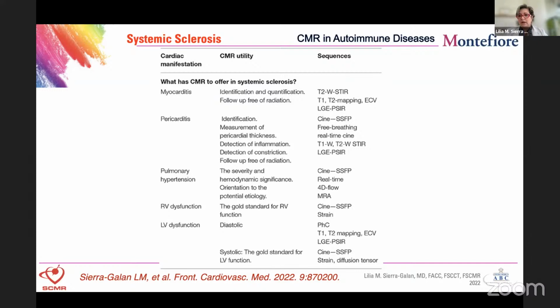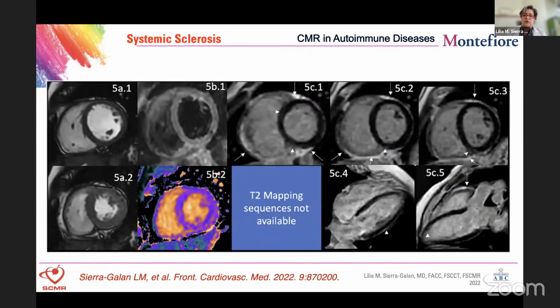Well, again, the myocarditis, the pericarditis, and the possibility to differentiate between the constriction or just pericarditis or the presence of restriction, the pulmonary hypertension, and the function. So maybe the findings are not too impressive, but are consistent with the information.